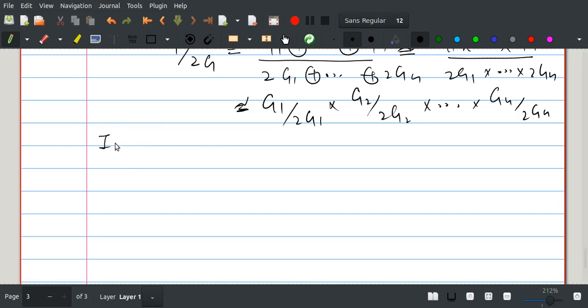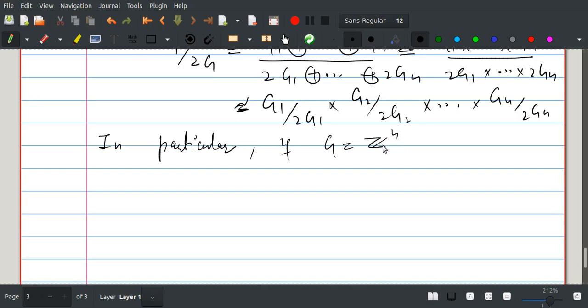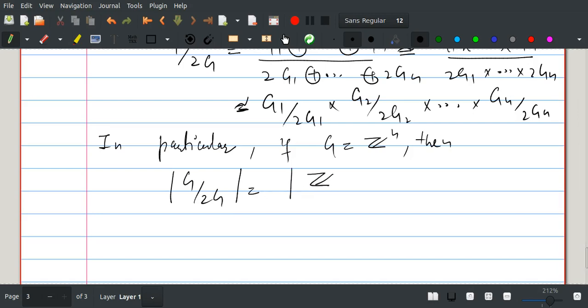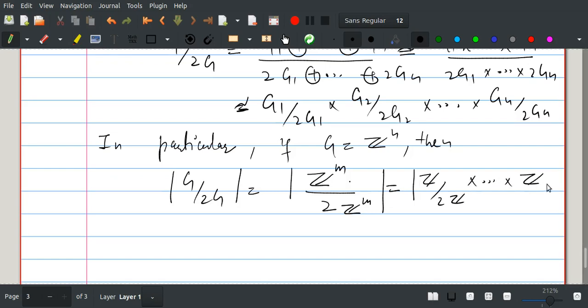So in particular, the size of G mod 2G, which is the size of Z^m mod 2Z^m, is the size of Z mod 2Z cross so on cross Z mod 2Z.